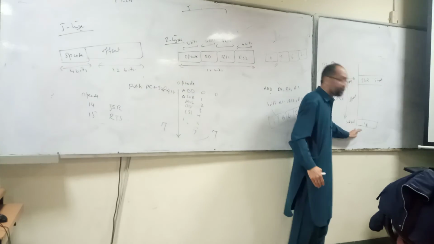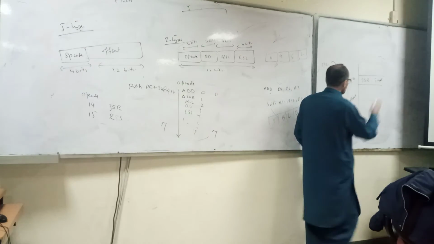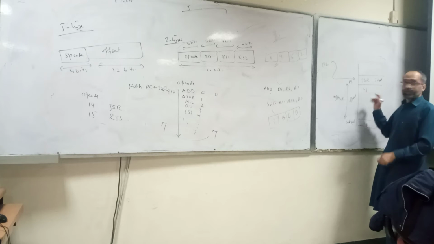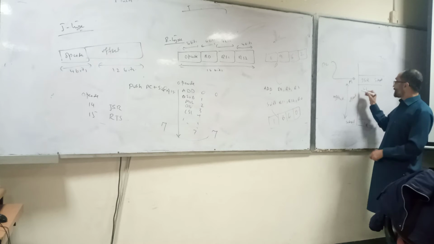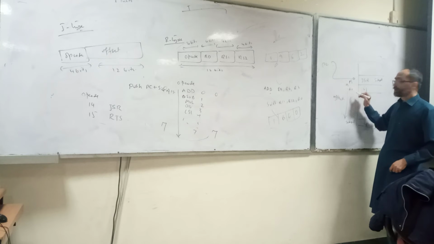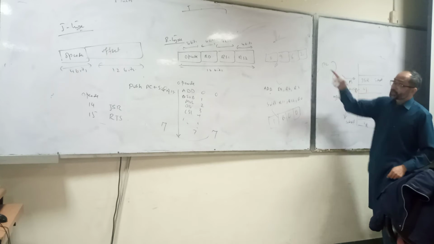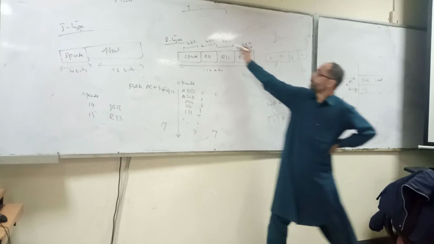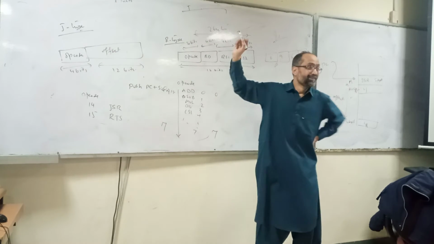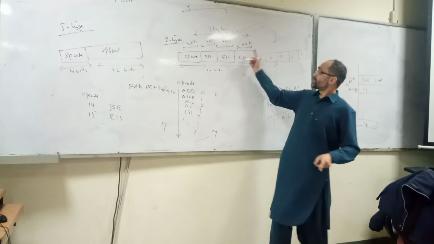When it jumps to the subroutine, you need to store the address of the instruction ij. And what is the address of ij? A plus the size of the instruction. In this particular example, the size of the instruction is 2 bytes, 16 bits.